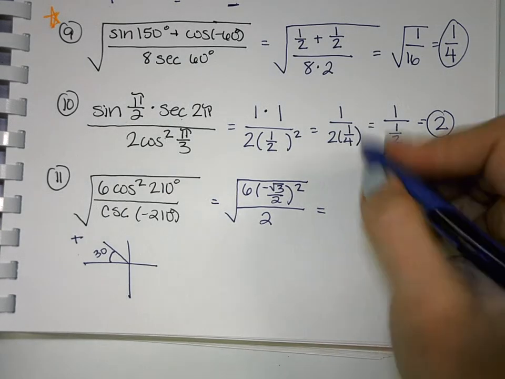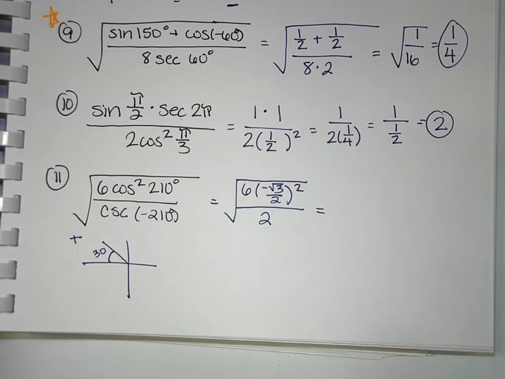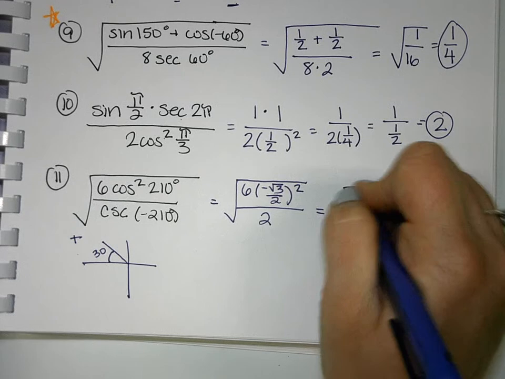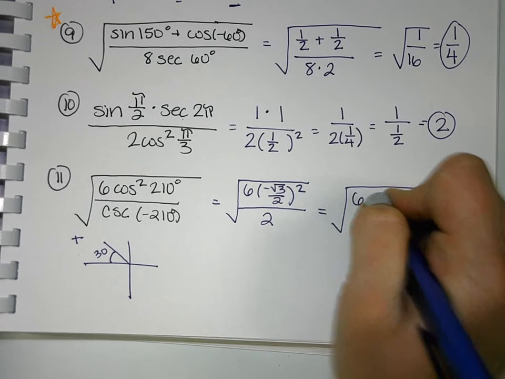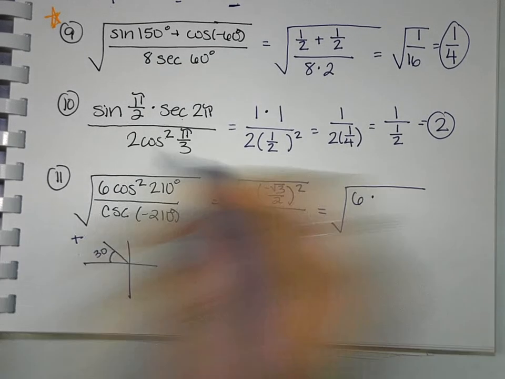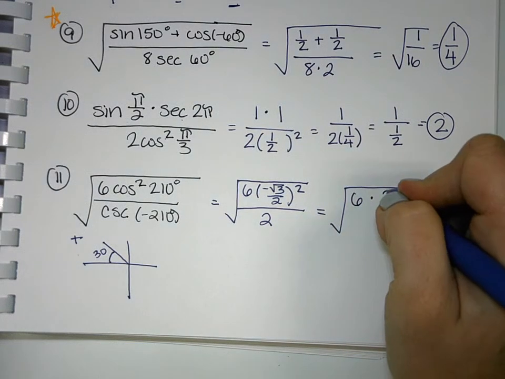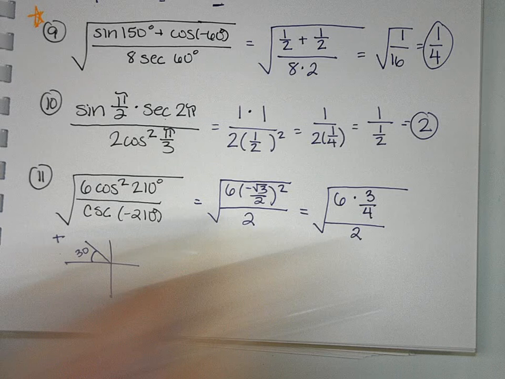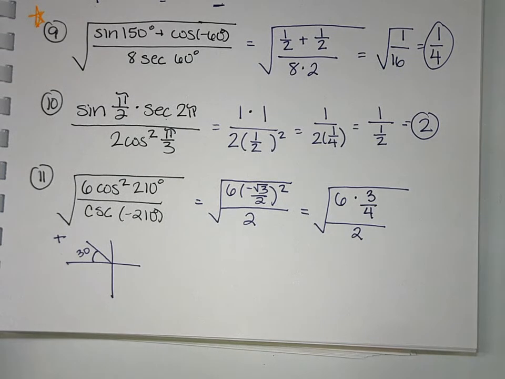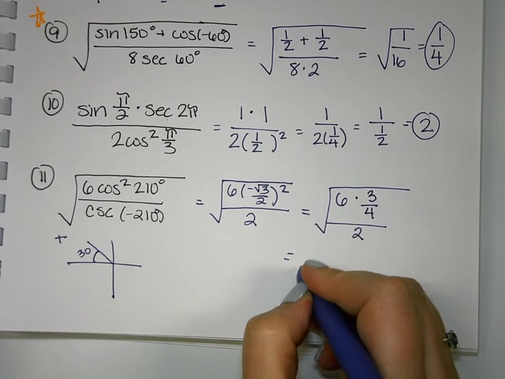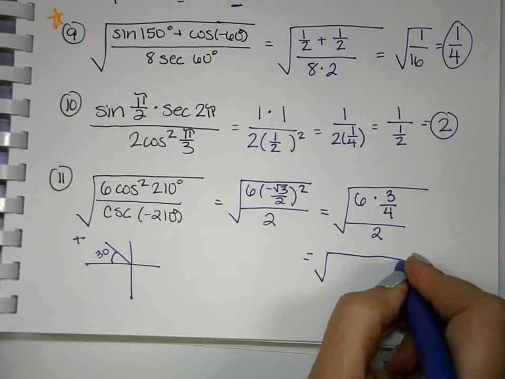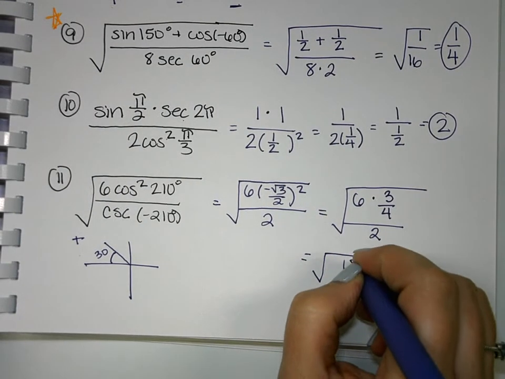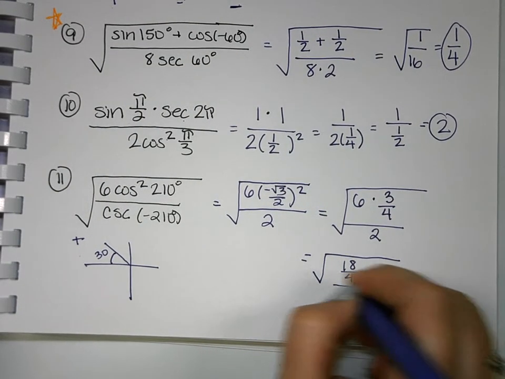We'll have 6 times, and when we square this, the negative goes away and I end up with 3 over 4, and on the bottom I still have 2. When I multiply 6 times 3, I end up with 18 over 4 over 2.